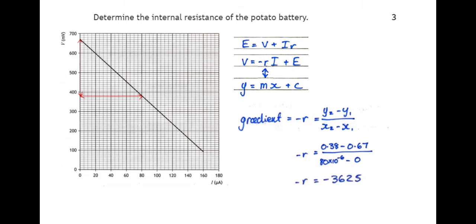And that gives me a gradient of minus 3,625. That gradient is the negative internal resistance. So the actual internal resistance to two significant figures is 3,600 ohms.